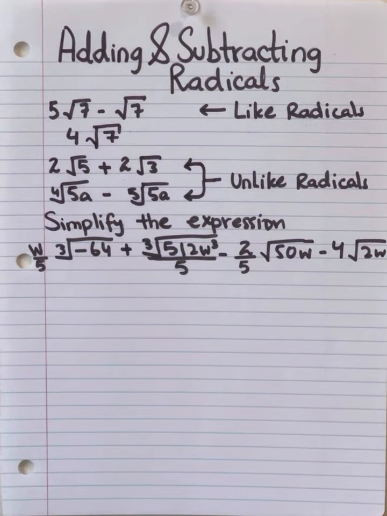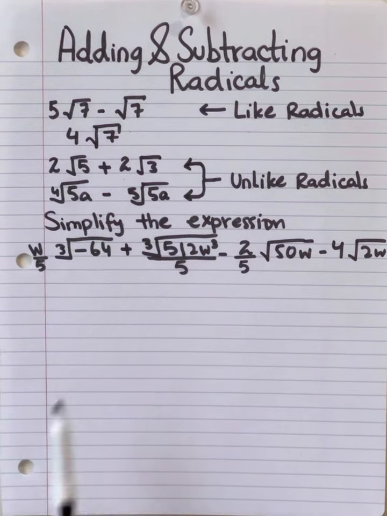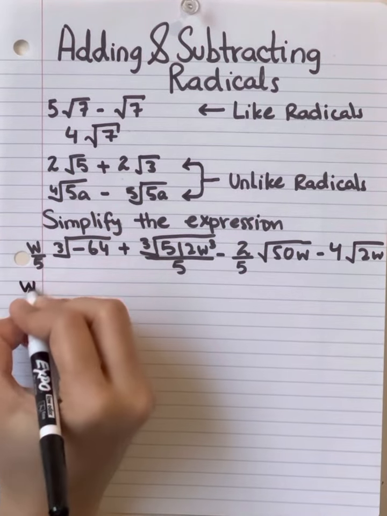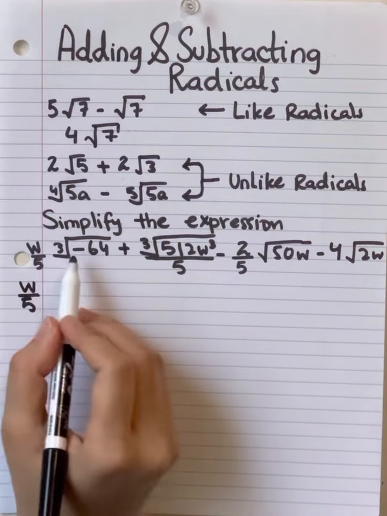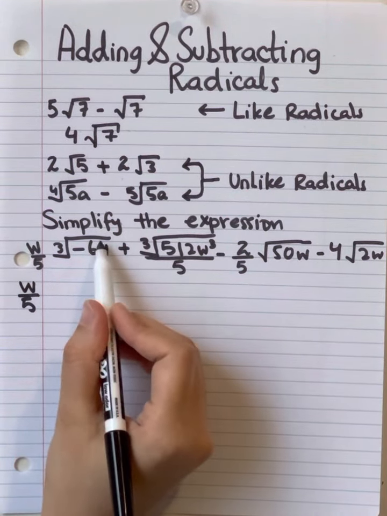Now let's try an example. Here it asks us to simplify the expression with radicals in it. The first thing we do to simplify our radical is factor the radicand, the number inside the radical.